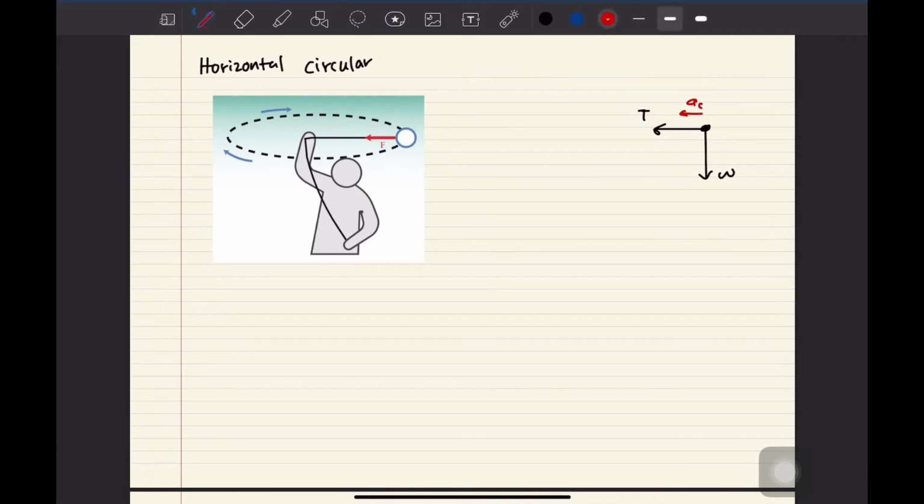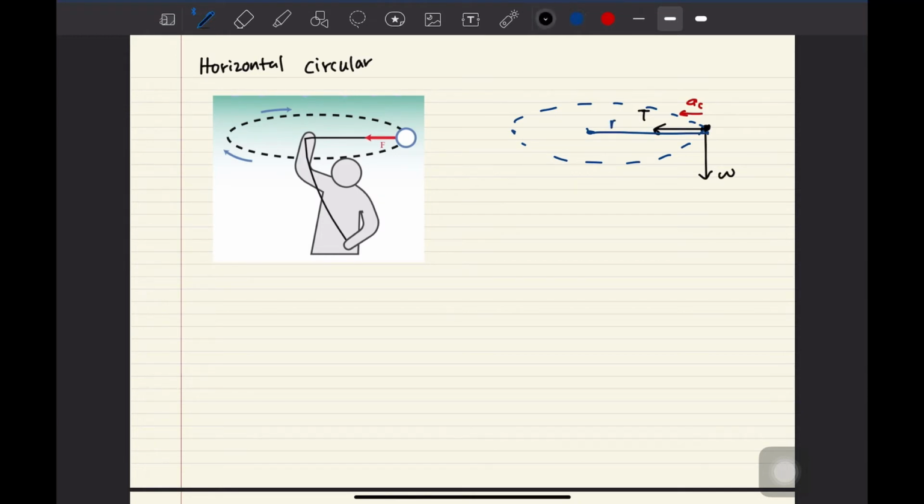R is basically the radius of your circular motion. So the path will look something like this. The R will be from the center towards the object over there. So that is your R.